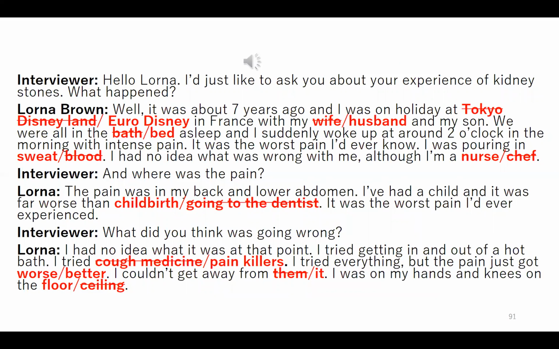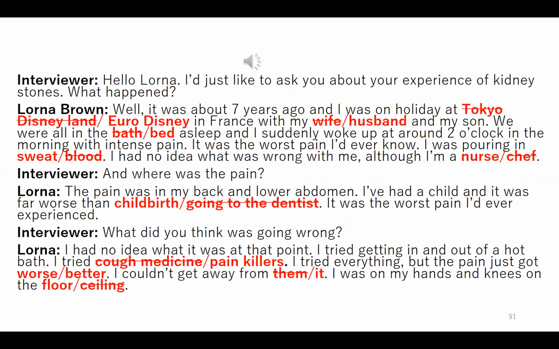My name's Lorna Brown, and it was about 7 years ago. I was on holiday at Euro Disney in France with my husband and my son. We were all in bed asleep, and I suddenly woke up about 2 o'clock in the morning with intense pain, the worst pain I'd ever known. I was pouring in sweat. I had no idea what was wrong with me, even though I'm a nurse. And where was the pain? The pain was in my back and my lower abdomen.